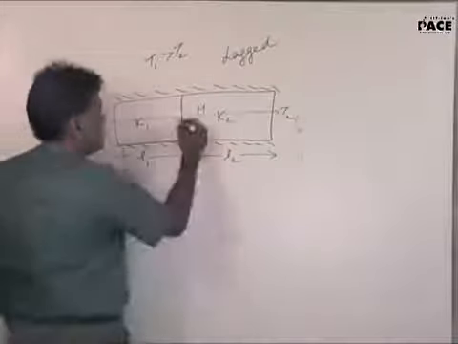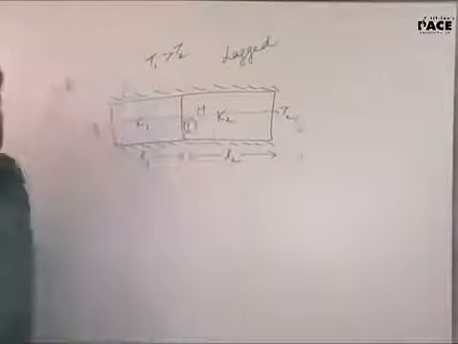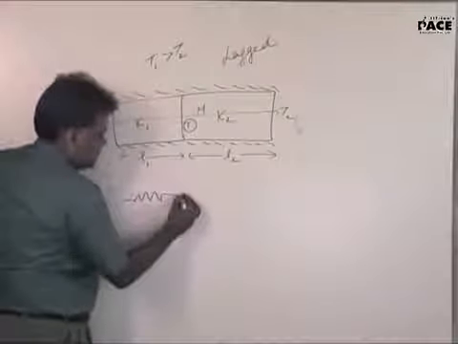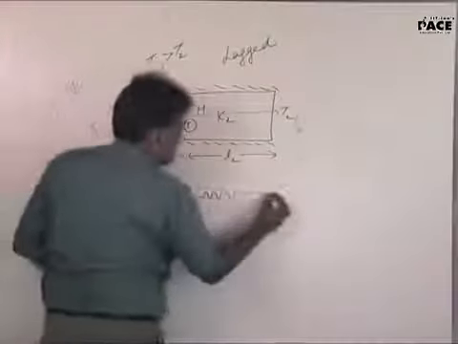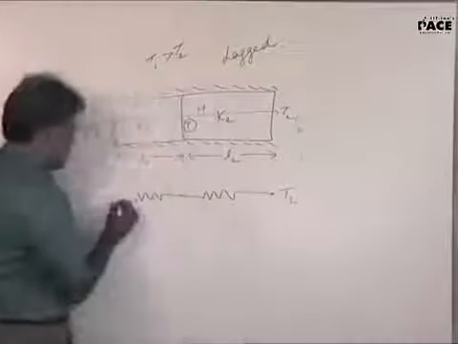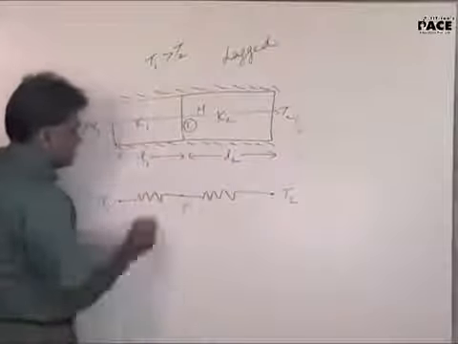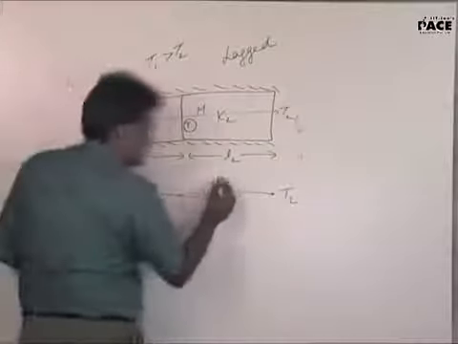The question is, what is the temperature at the interface? The way we deal with it is, we think of this as one resistance and this is the other resistance. The temperature here is T1, the temperature there is T2, and the temperature at the interface is T. This is called R1. This is called R2.